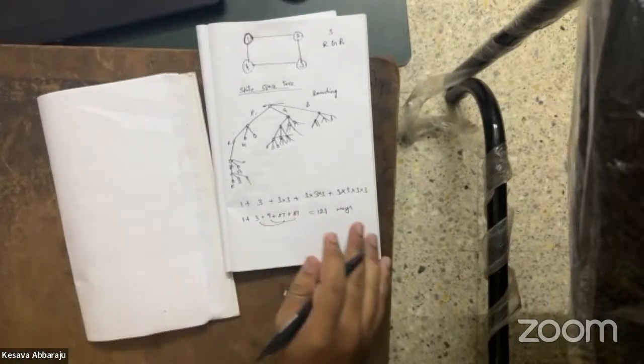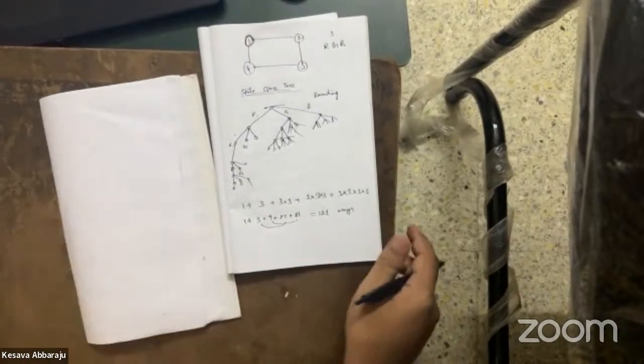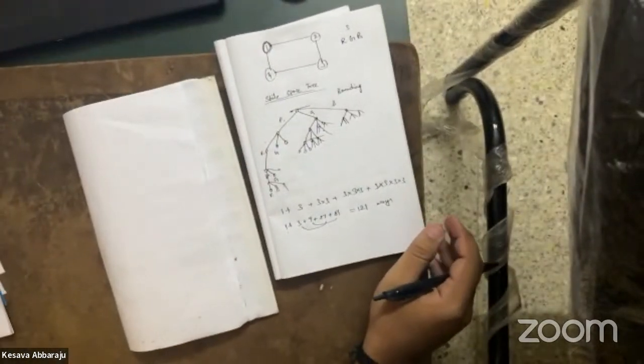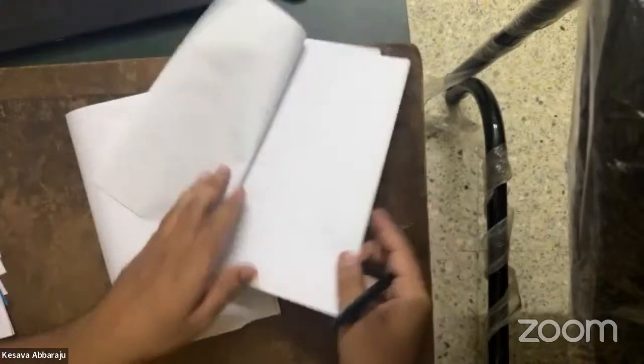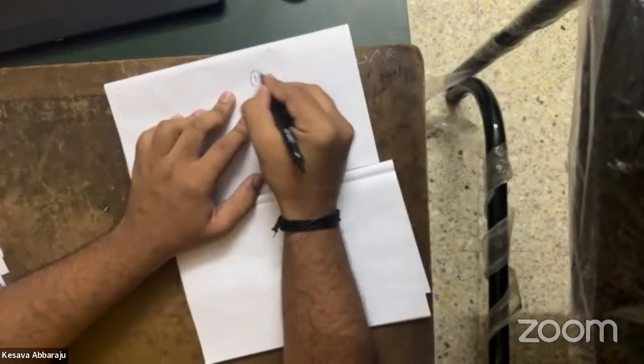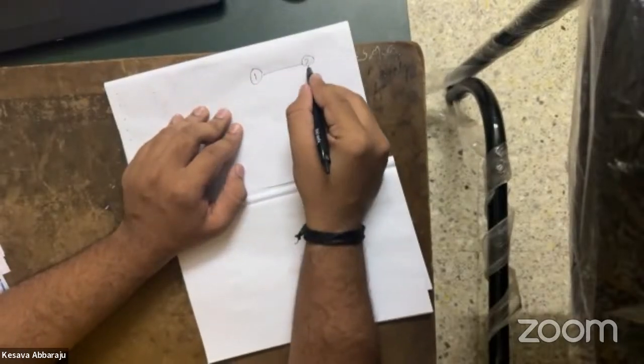I have 121 ways. But what if we try to draw a state space tree by following the bounding condition? Keep this picture in mind. This is our graph.